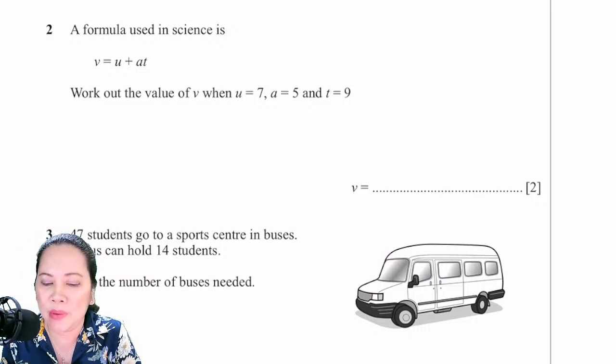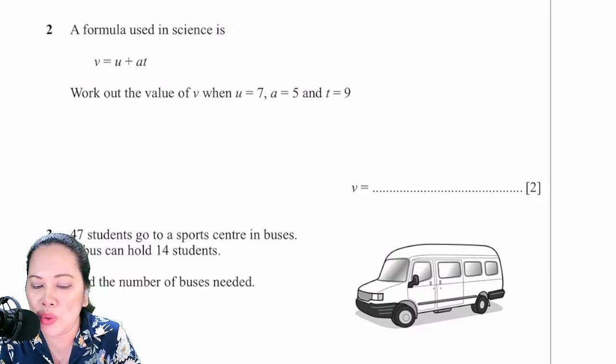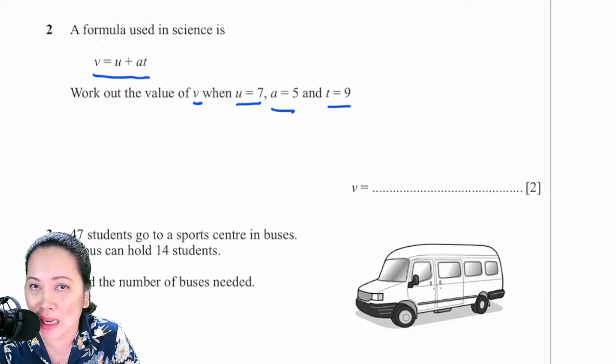A formula used in science is V equals U plus AT. By the way, for science, this is your velocity formula. Work out the value of V when U is 7, A is 5, and T is 9.